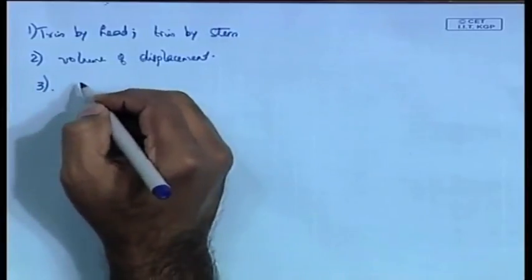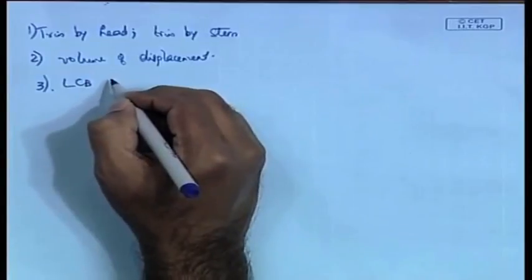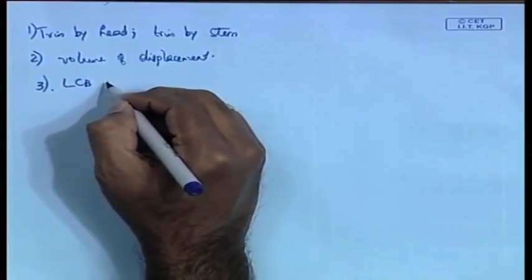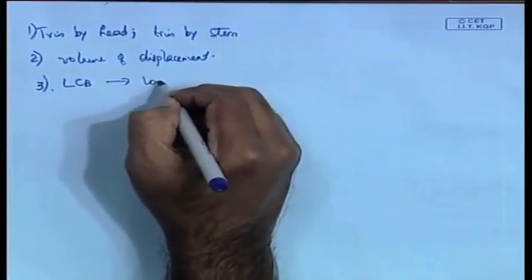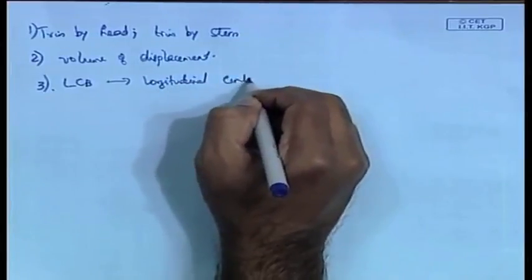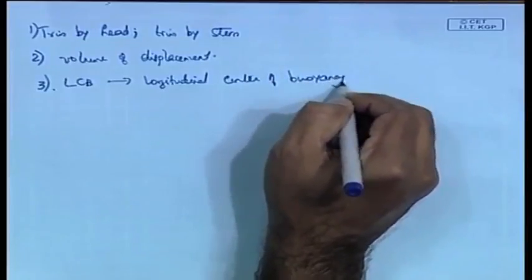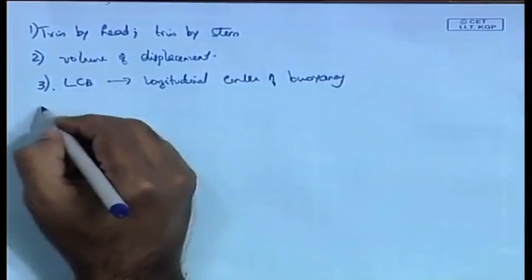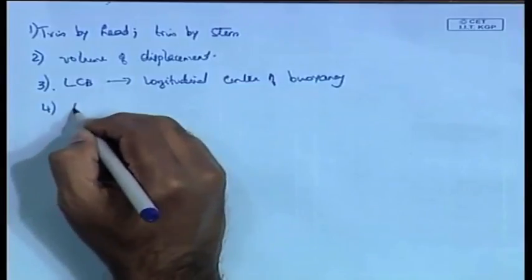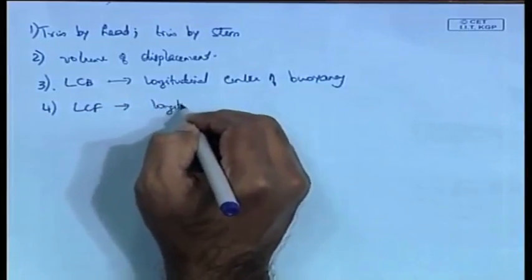Then LCB, so LCB is the longitudinal center of buoyancy. So, this is another parameter that we discussed about. Then LCF we talked about, this is known as the longitudinal center of flotation.